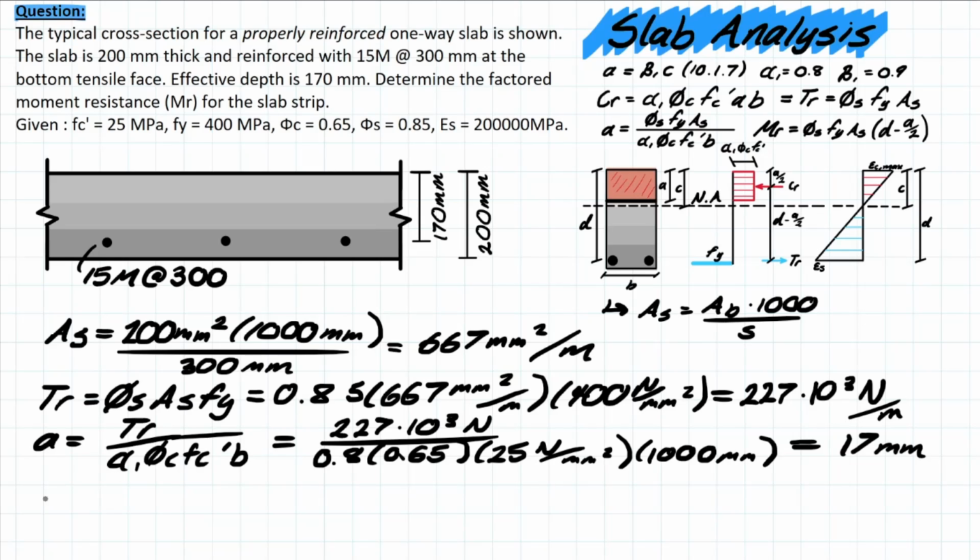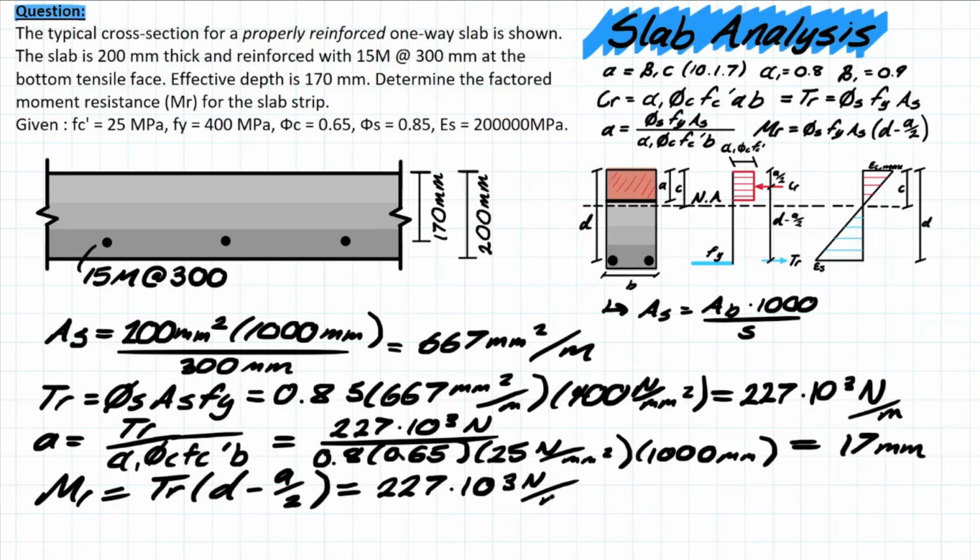And now we can simply go ahead and plug in for our moment resistance. Super easy problem. We have Mr equals Tr times d minus a over 2. We know our Tr, which is 227 times 10 to the 3 Newtons per meter. Our d is given as 170. Then we're subtracting 17 for a, that's in millimeters.